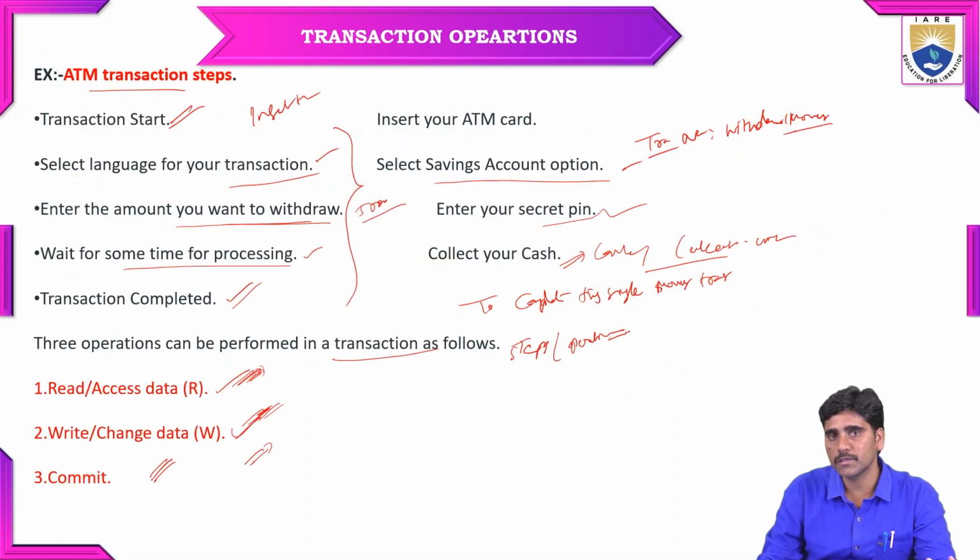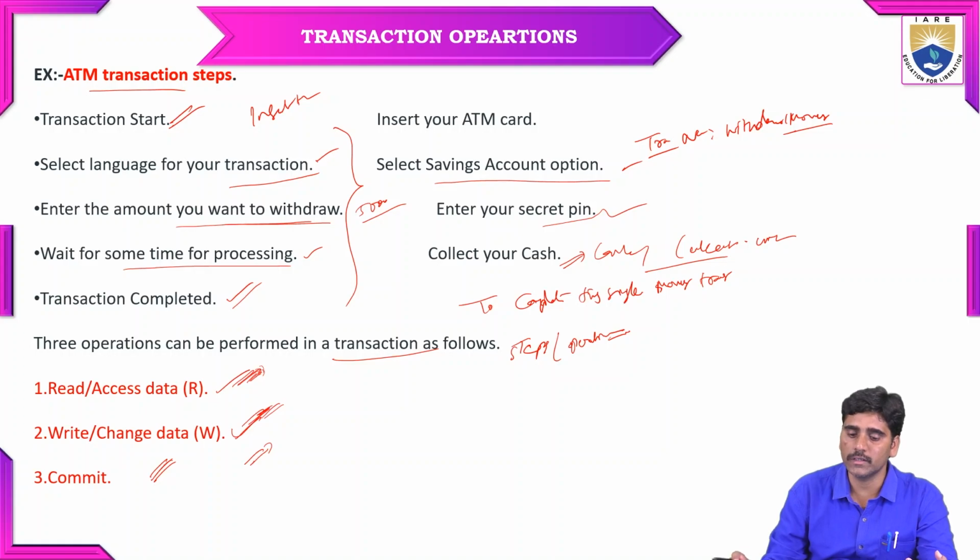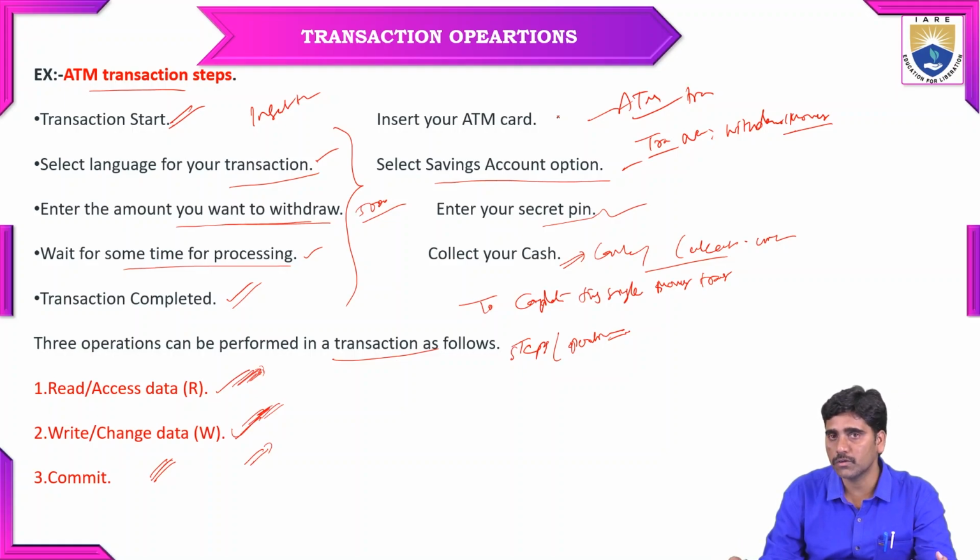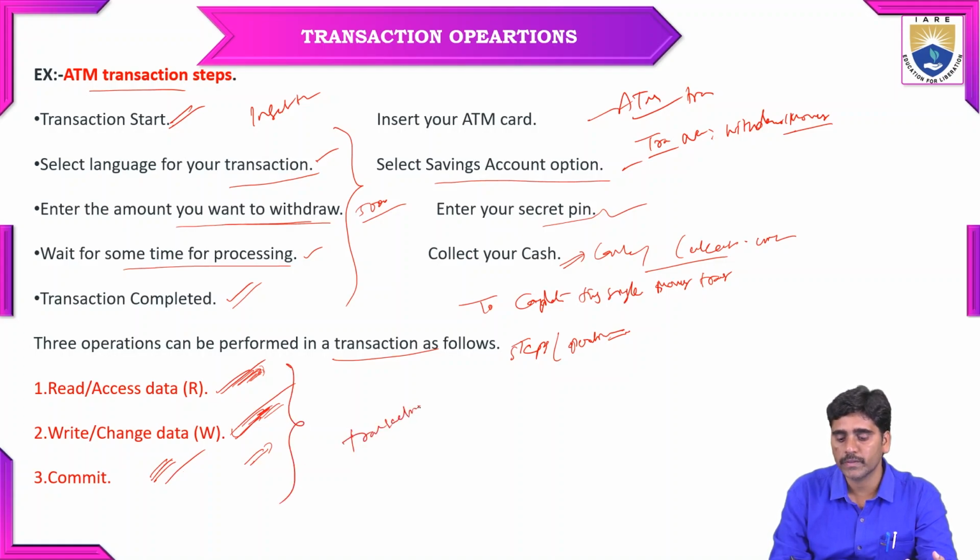So the transaction steps are here. Take an example as ATM transactions. Suppose withdrawing money will be the transaction. Reading the data, writing the data, and committing the data are all transaction operations.